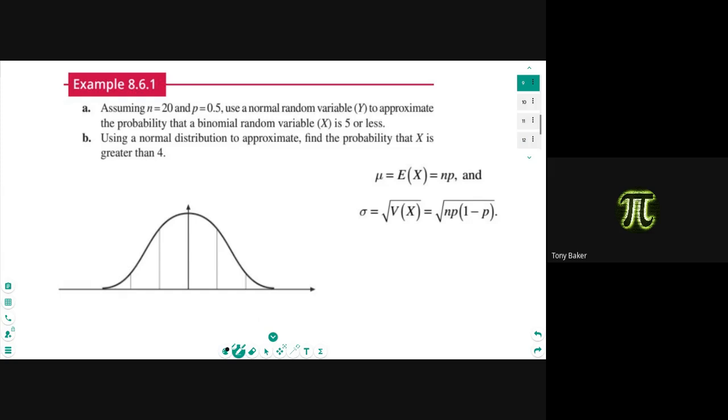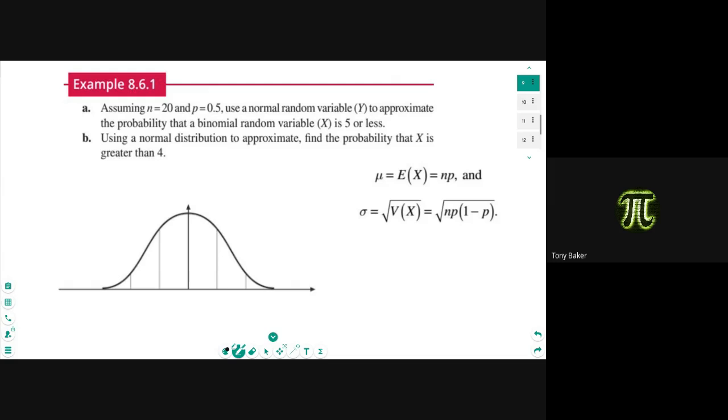Success, failure. Those are the only two possible outcomes. The nice thing about when we're looking at a binomial is it's easy to calculate. We have to be able to calculate these two things. When you're looking at problems that are dealing with a binomial distribution, you're typically not going to be given your mean and your standard deviation. They're going to give you the number of values we're looking at and the probability of success. So that P is not what we're going to be looking at the table for.